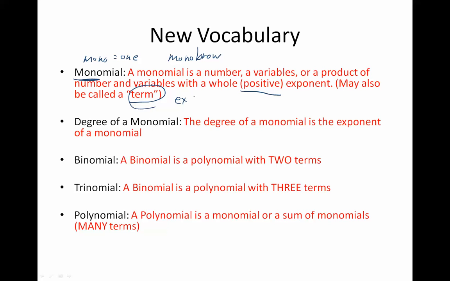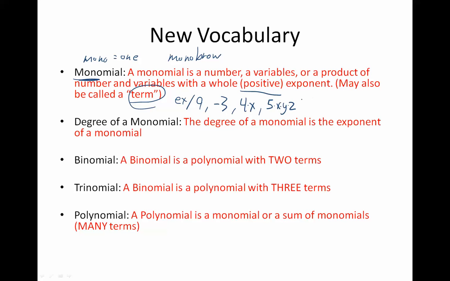So some examples are 9. Hey, that is a monomial. -3, that's a monomial. 4x, that's a monomial. Notice it's the product of 4 and x. That makes it a monomial. 5xyz, that's a monomial. Basically, the things that break it up are addition and subtraction. They stop being monomials, right?